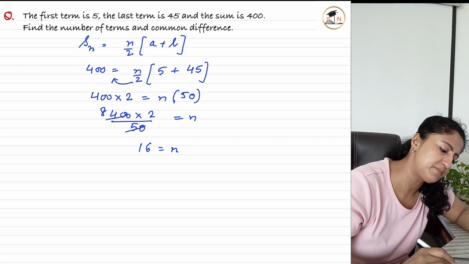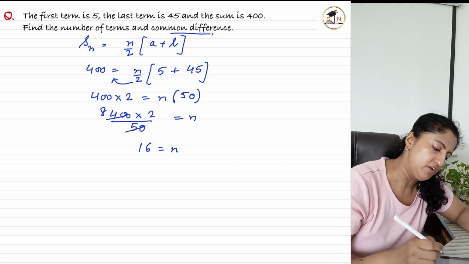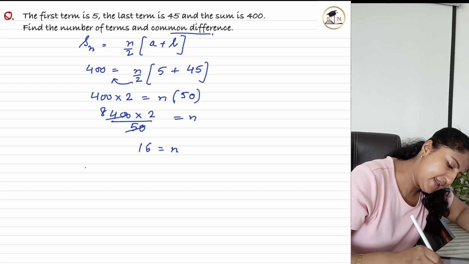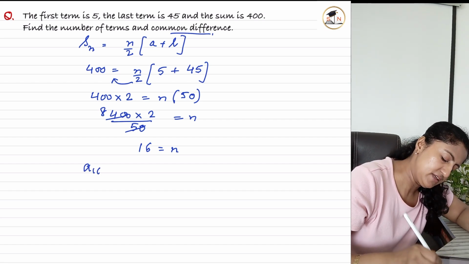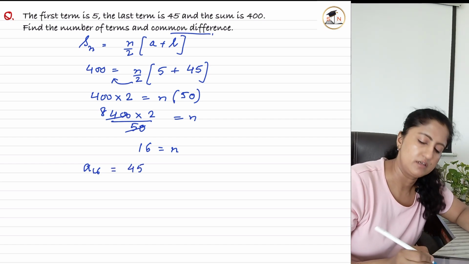After this, we are supposed to find the common difference. Okay. Now, we know A16 is 45 because it was the last term, right?